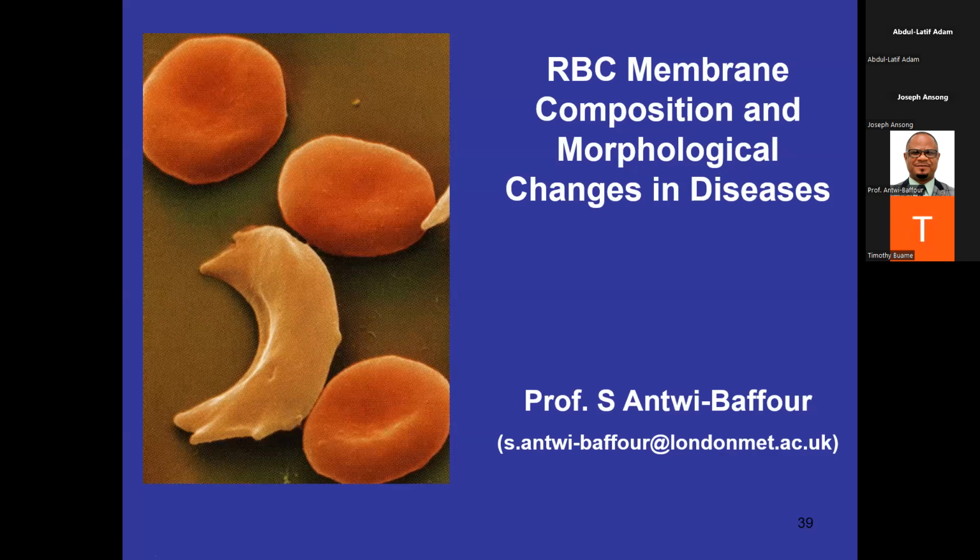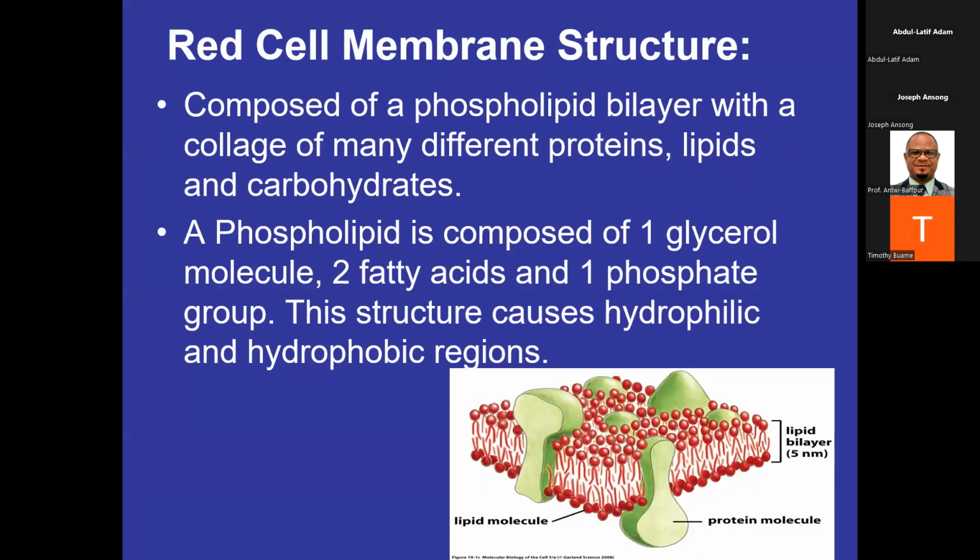Let's talk about the red cell membrane and the morphological changes that we see. How does the membrane composition affect the morphological changes of the red cell? The red cell membrane is composed of the phospholipid bilayer, just like any other cell membrane.